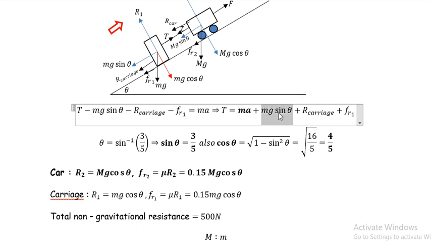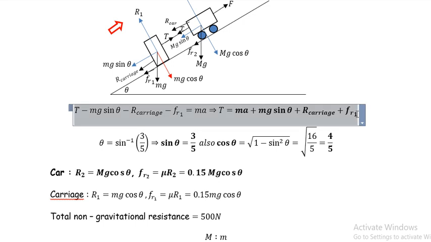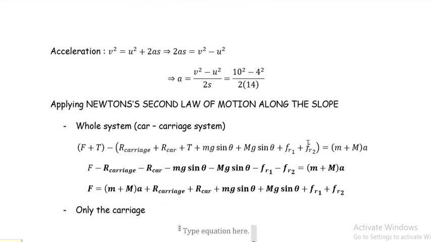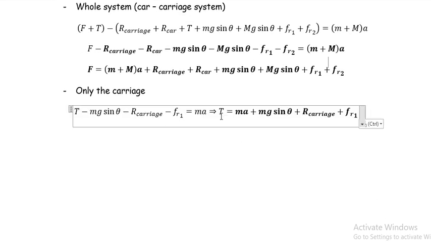Do we know mg sin theta? Yes, we do. Do we know R carriage? Yes, we do. Do we know Fr1? Yes, we do. From there, we are going to have the tensional force in the tow rope. So I think what you are now supposed to do is just look for the final answers and the question is done.